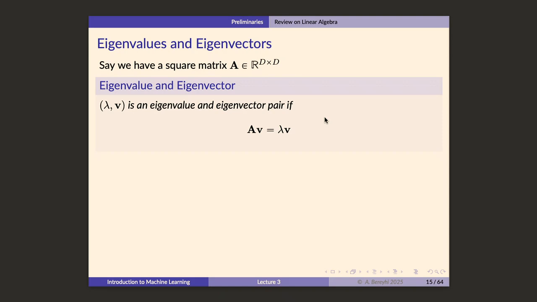I told you Av is lambda v, right? So A times v half is again lambda v half, correct? So if lambda is the eigenvalue and v is the eigenvector, any coefficient of v is still an eigenvector, and that doesn't make sense, because then we cannot define it uniquely. It's going to be an infinite number of vectors, right? So how can we handle this issue?